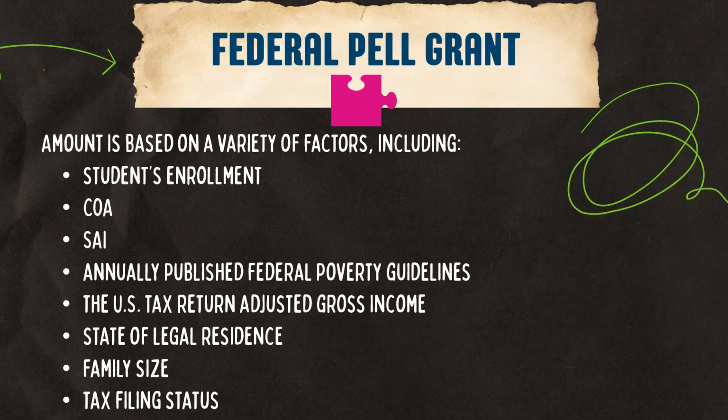The amount of Pell awarded will remain the same no matter what college you attend. It's important to compare any financial aid awarded since the cost of attendance can vary from college to college and even within majors. Please be aware the government determines Pell eligibility, not the college.